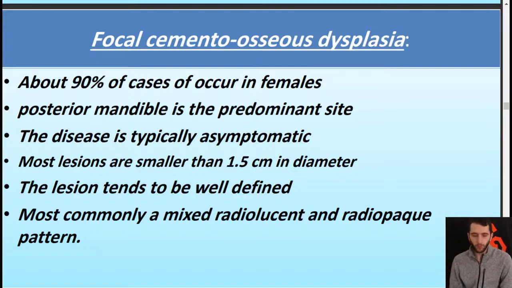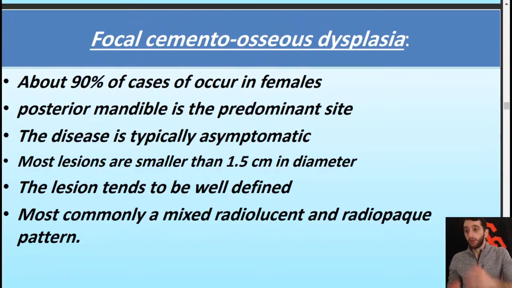The focal type, in females, more commonly affects the anterior mandible, posterior, less than 1.5 centimeters and painless, unlike the one we discussed before, which has pain as a distinctive feature, while this one is painless.